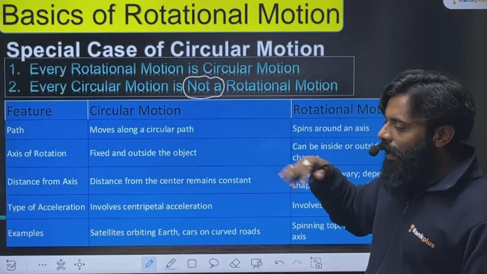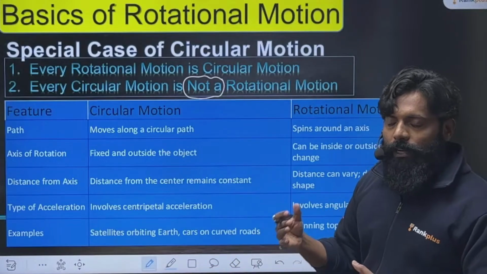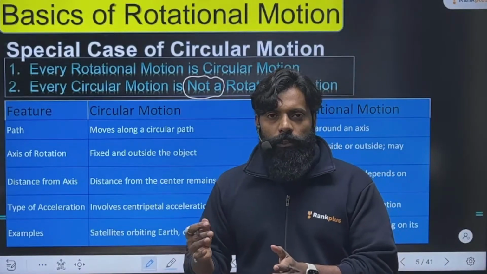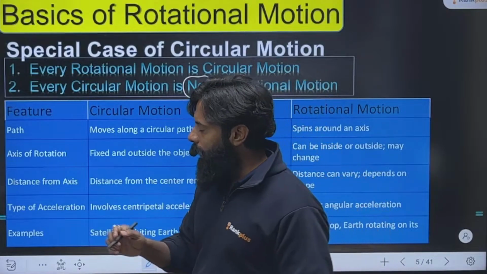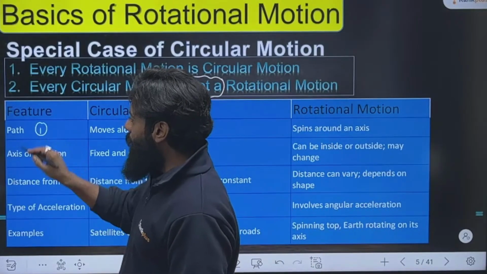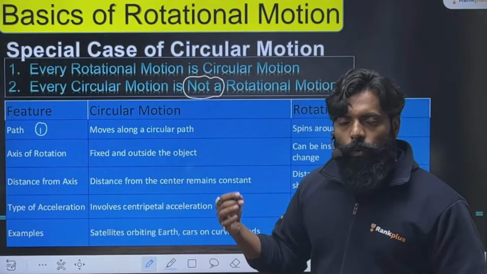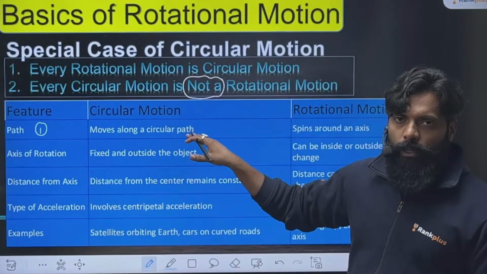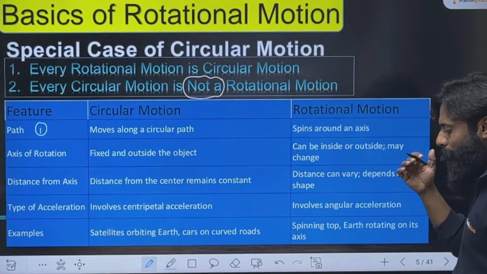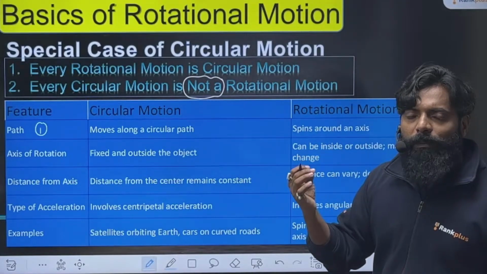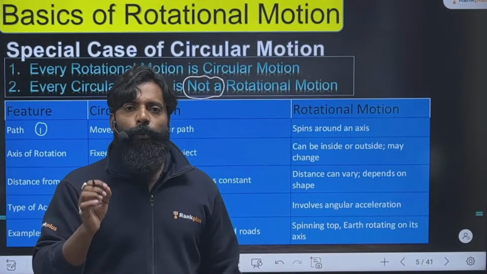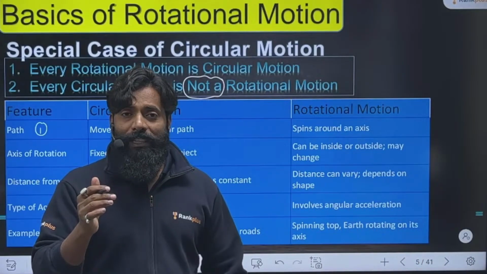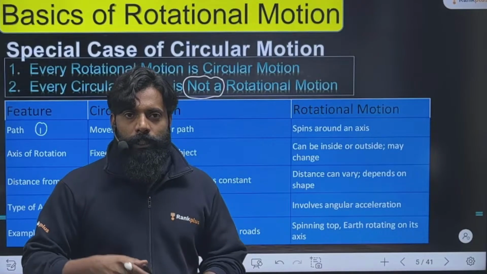And now, if we have to differentiate between circular motion and rotational motion, there are multiple ways in which we can differentiate. The first thing is about the path. For circular motion, the path must be circular, but for rotational motion, it spins around an axis. There must be one fixed axis, or one fixed point, about which the rotation generally happens.